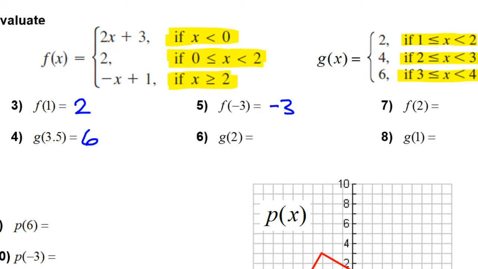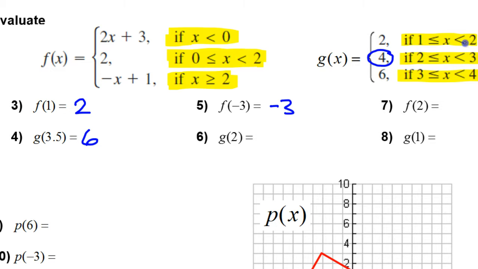All right, moving on to number 6. This is function g, so be looking over here. Since the x value is 2, which one of these three pieces are we going to use? Hopefully you are saying the middle one. The reason why: 2 is one of these endpoints.